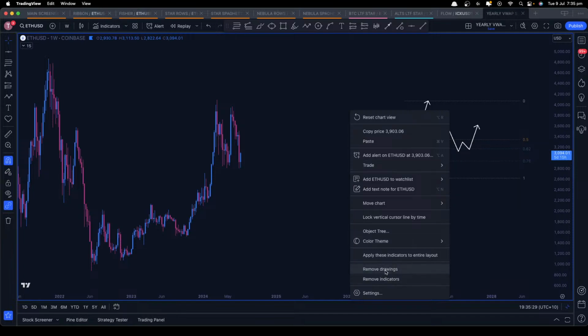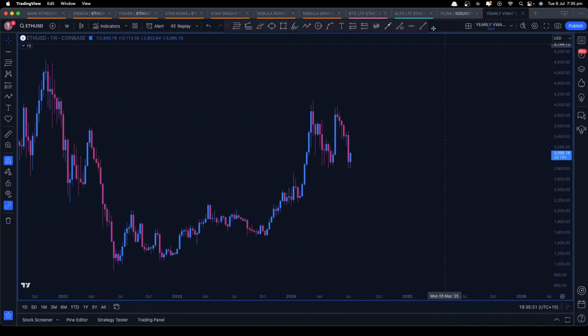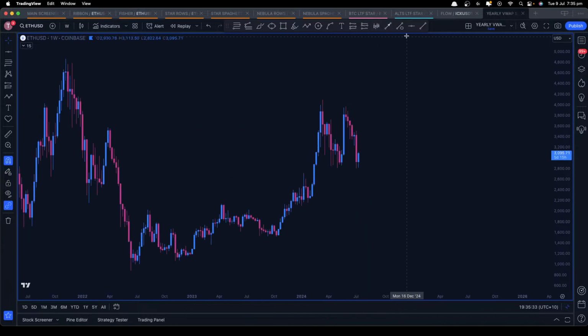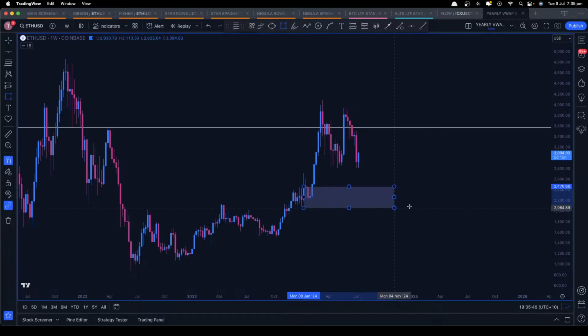But if you think about what I've just spoken about on Bitcoin, where is the demand? What area of price led to a new high? Breaking this area, for example. It's this area right here. So this is the real demand area.